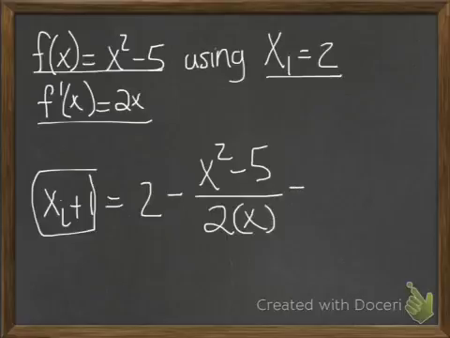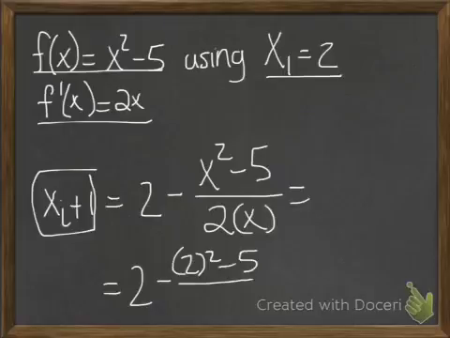We can go ahead and plug in 2 for the x's since that is our initial guess. I'm going to write it at the bottom since we have more space: 2 minus 2 squared minus 5 over 2 times 2.